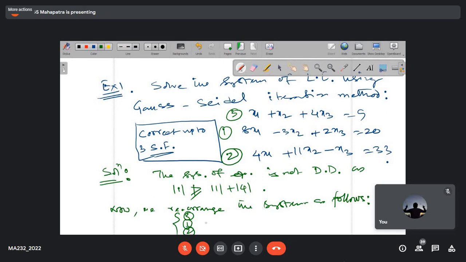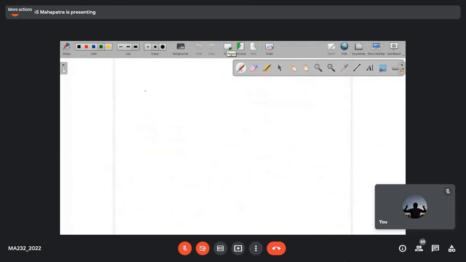This system of equation is diagonally dominant, since mod of 8 is greater than mod of -3 plus mod of 2, so that is 5.